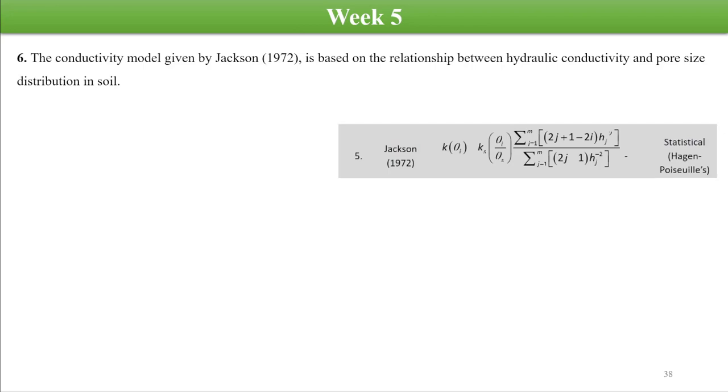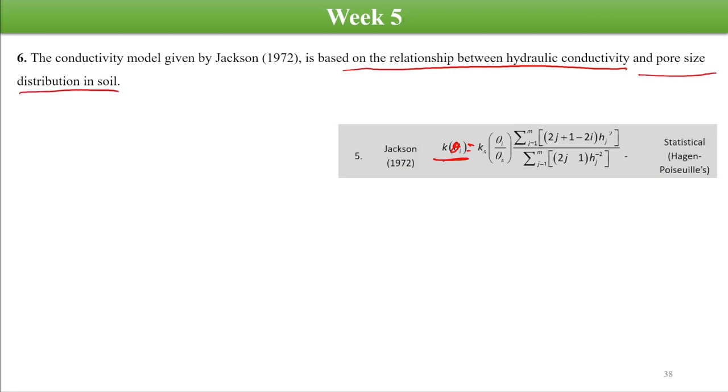The sixth question is that the conductivity model given by Jackson in 1972 is based on the relationship between hydraulic conductivity and pore size distribution in soil. So if we see the relationship of Jackson, that is K(theta_i) is equal to, which we used to solve that problem, does it relate? Is it based on the relationship between hydraulic conductivity and the pore size distribution of the soil?